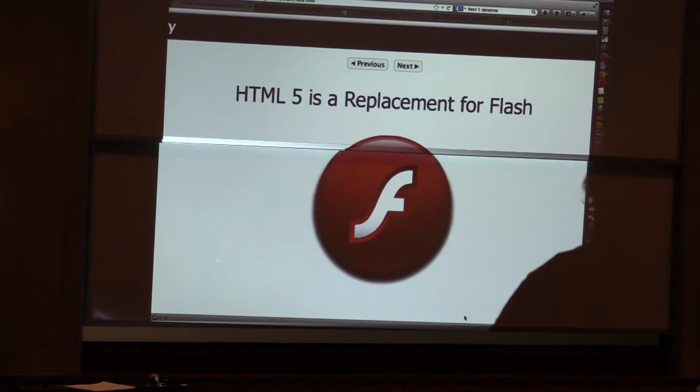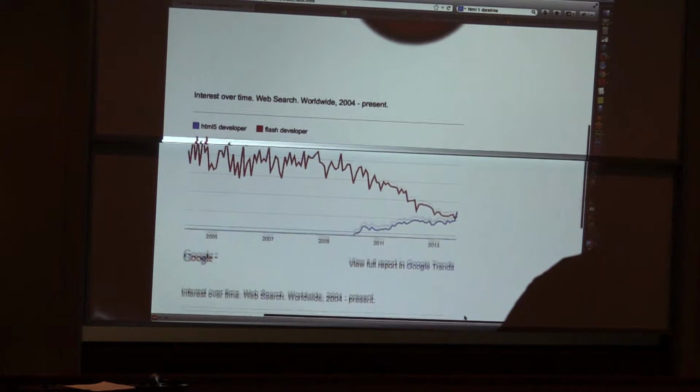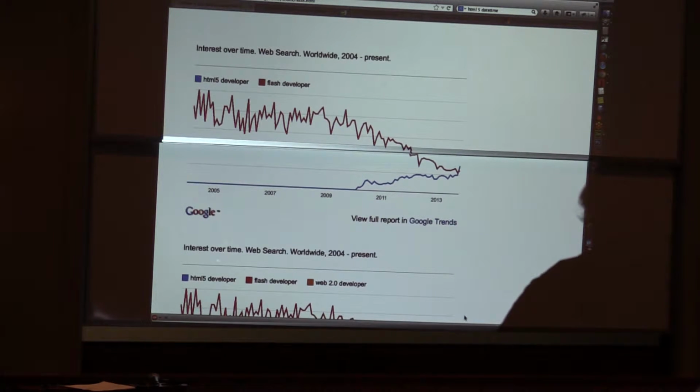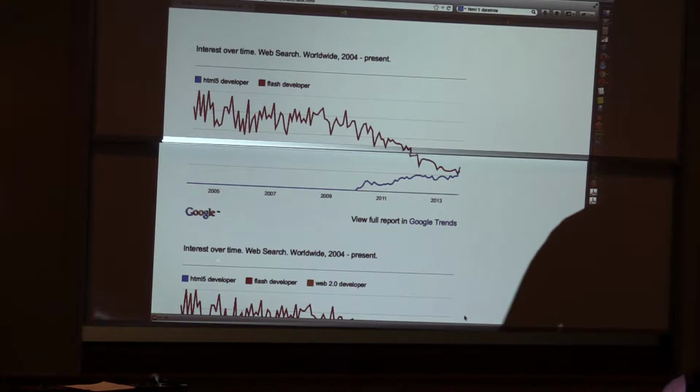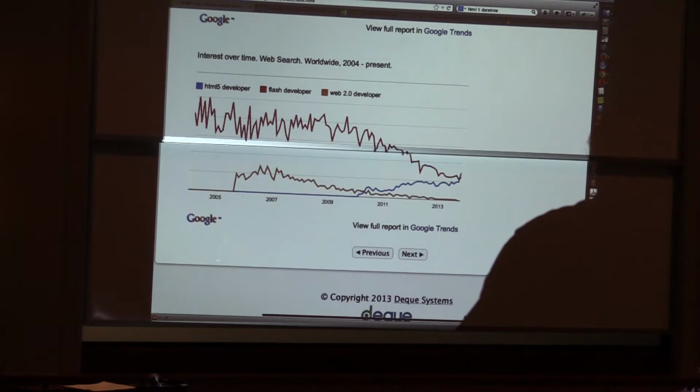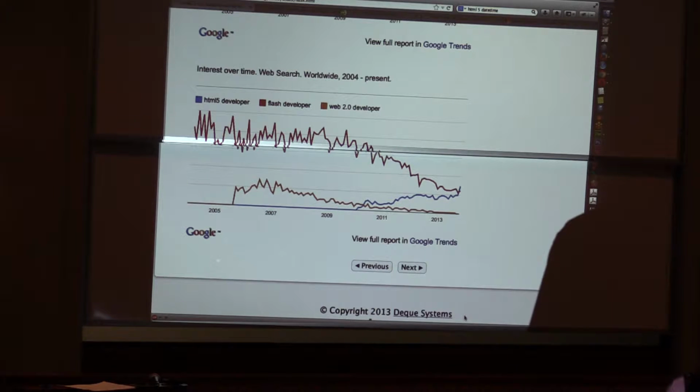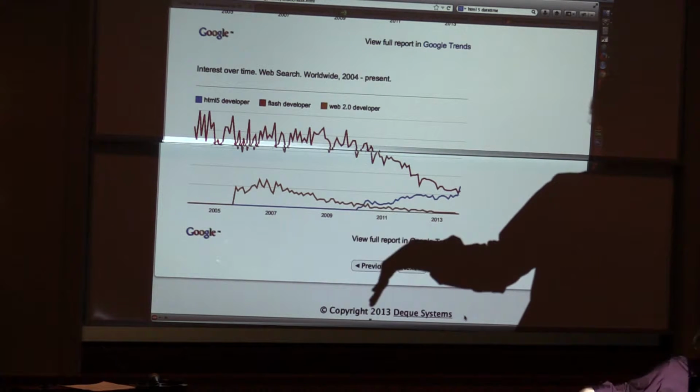All right, in fact, if you look at some of the trends, this is just Google Trends. So searches for Flash developer over time, that's the top graph, is kind of declining. Searches for HTML5 developers is increasing. Something similar down here when you've got HTML5 developer, Flash and then Web 2.0.